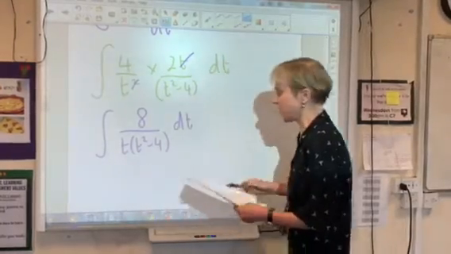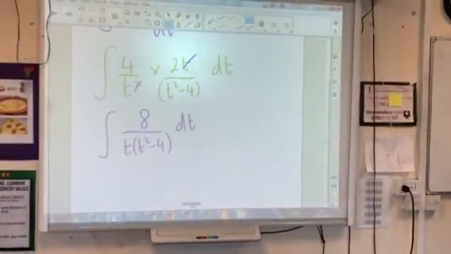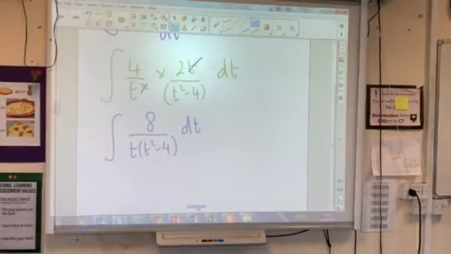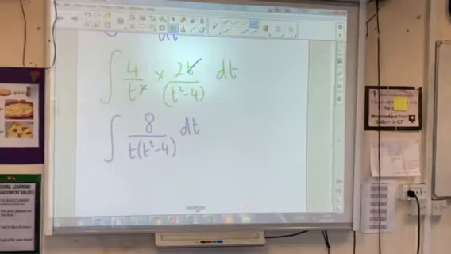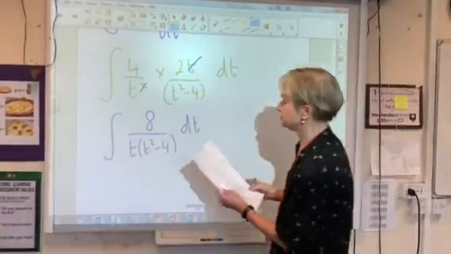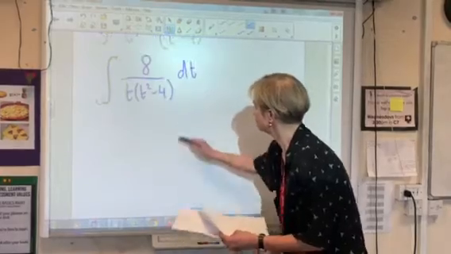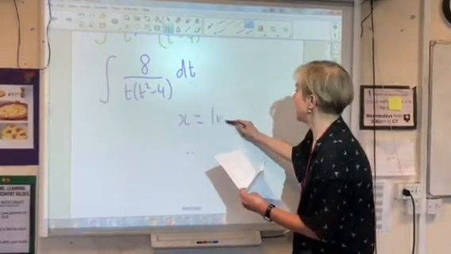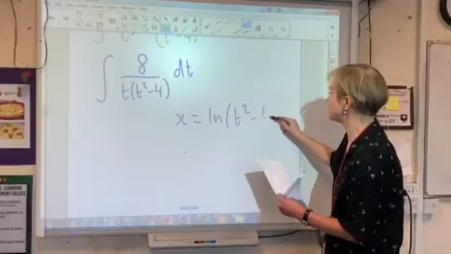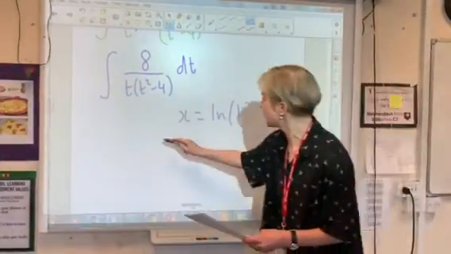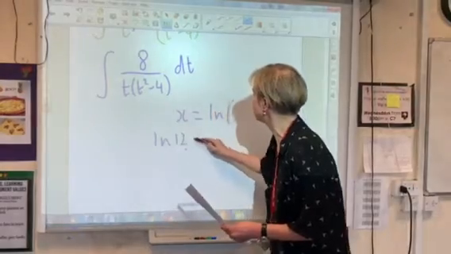Now you're almost there. Your only issue now is your limits, and you can see that if you look back at your limits, x is ln of t squared minus 4, and your larger x value was ln 12.